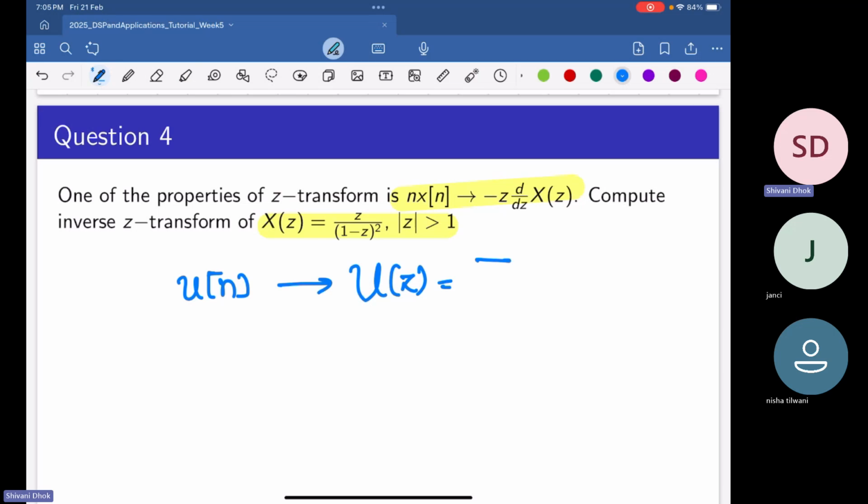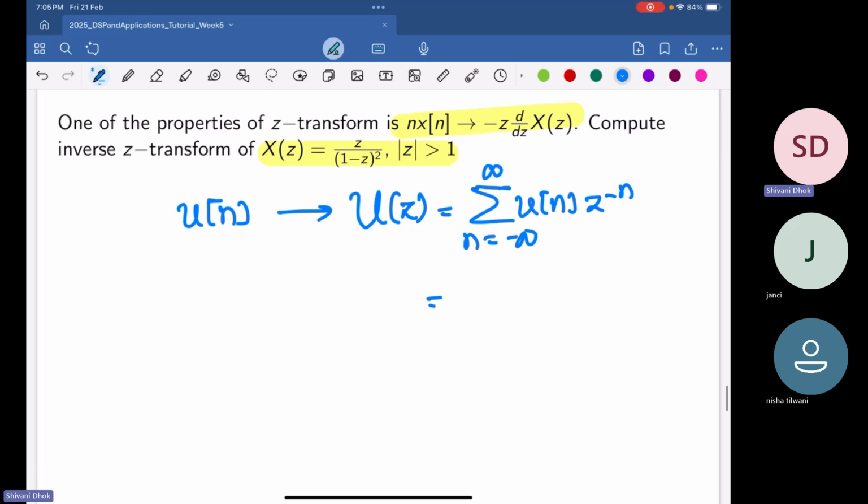So this U(z) is the summation, n running from minus infinity to infinity, u[n] z to the power minus n. Now this is non-zero only when u[n] is non-zero, and u[n] is non-zero only for n equal to 0 to infinity. So this becomes the summation n equal to 0 to infinity, where u[n] is 1, of z to the power minus n.